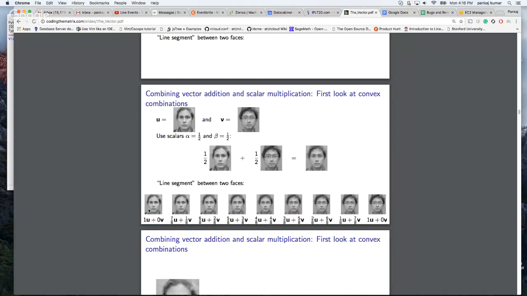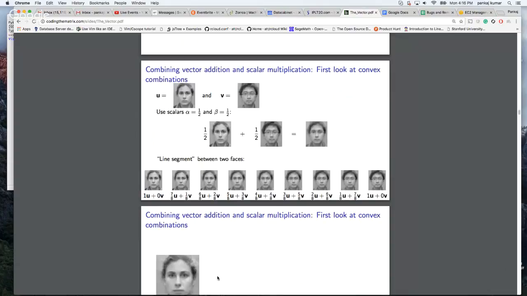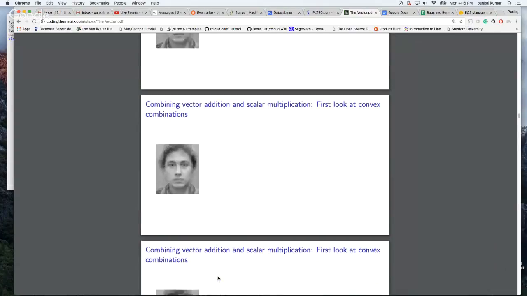So for example, if this was a 10 cross 10 image, then in a 100-dimensional space, all these pictures are points that lie on a straight line. So that's the result here.